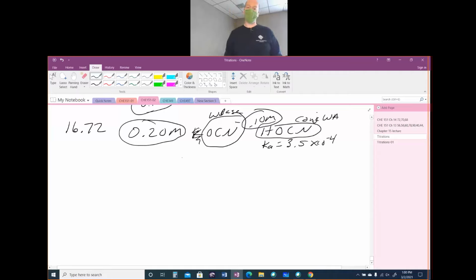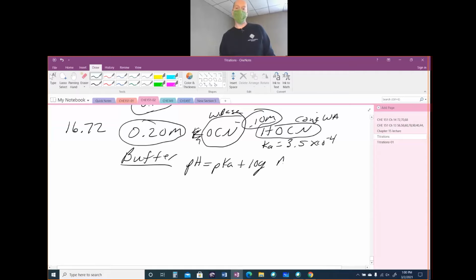So I say I have a buffer. If you recognize this as a buffer, I think that's easier, but you can write the Ka or the Kb reaction, either one, and get your answer. But if you recognize this as a buffer, then you just go right to pH is equal to the pKa plus the log of A minus over HA.